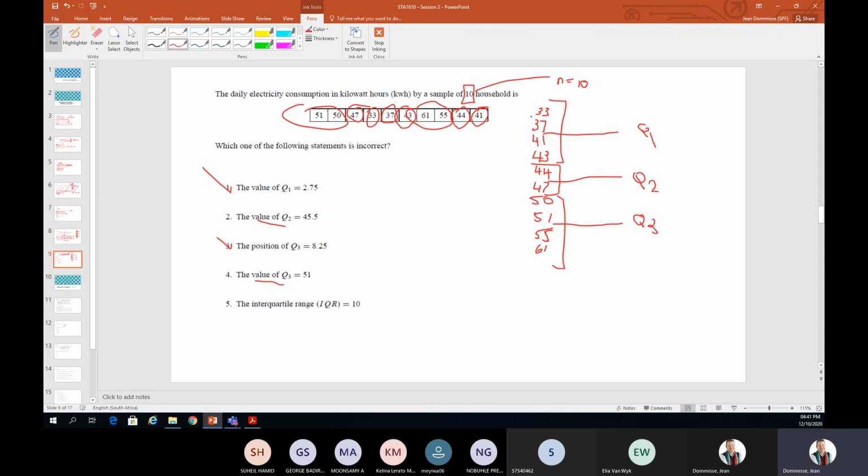So 2.75, so 41 will be the rounded off. 2.75 will give you number 3 or position 3. Rounded off will give you the 51. So that is correct. 51 minus 41, that is correct.